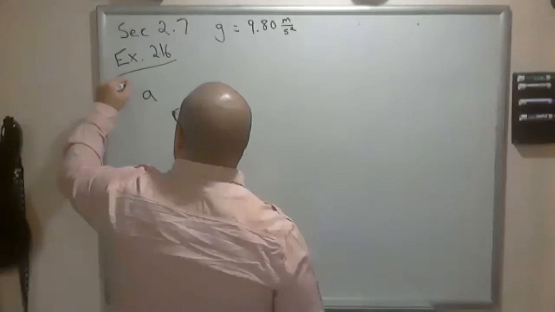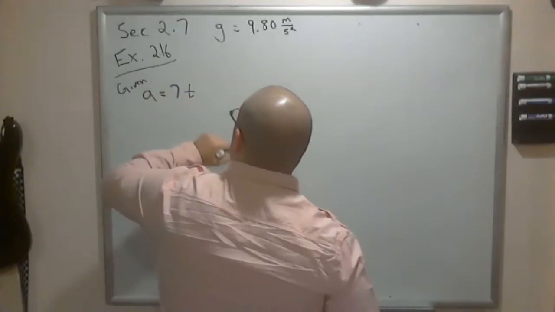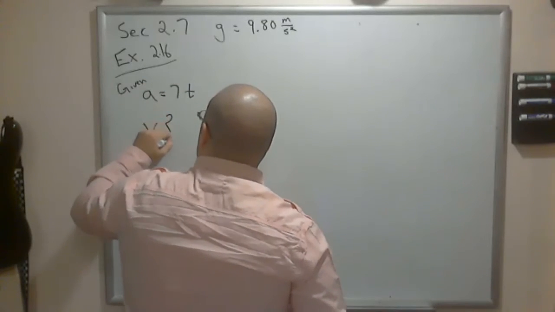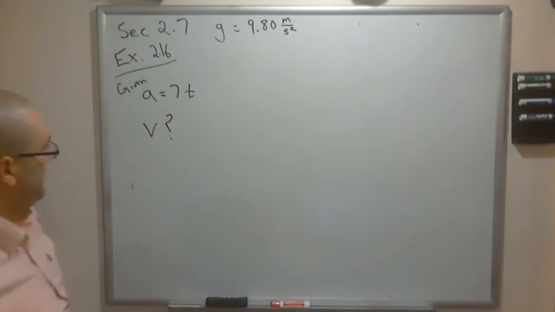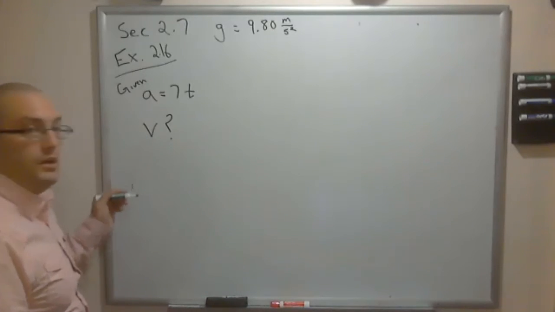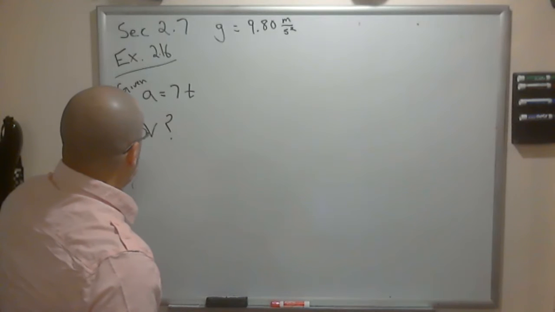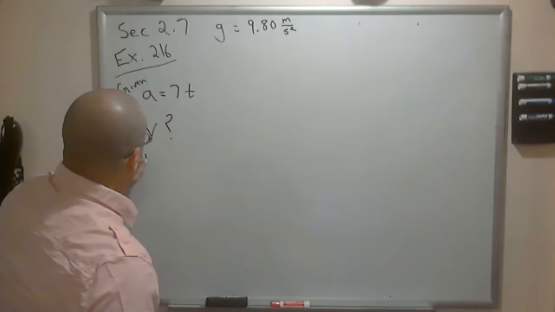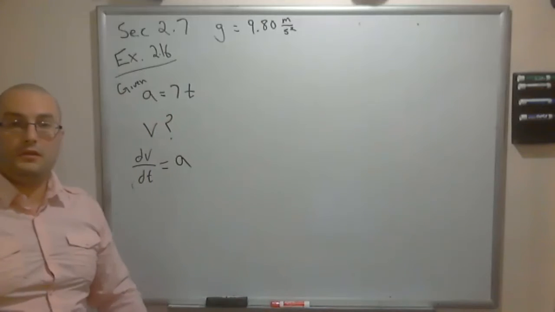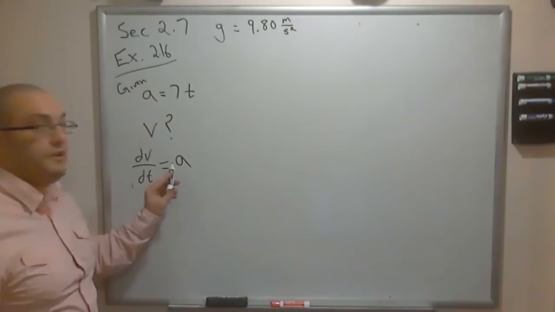So given this, let's find v as a function of t. We'll start off with this formula, the same formula, where the acceleration is just a derivative.